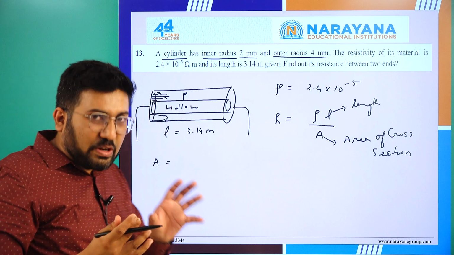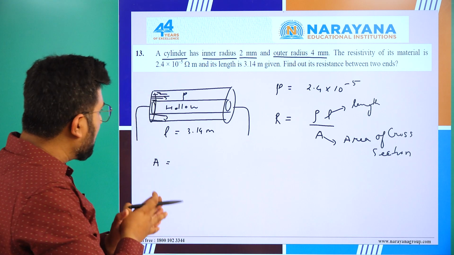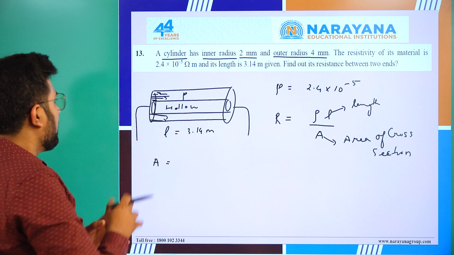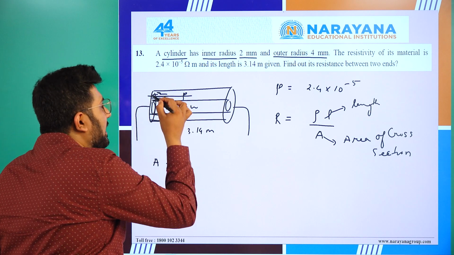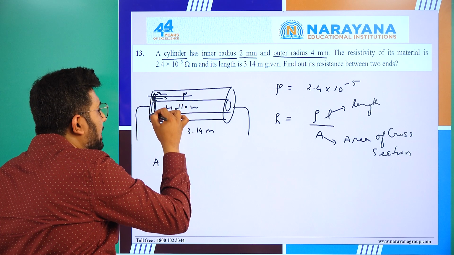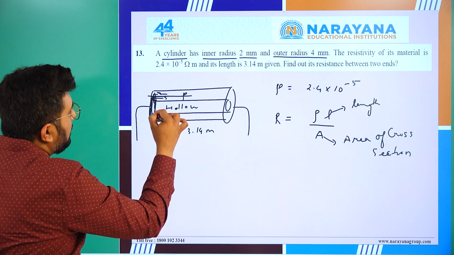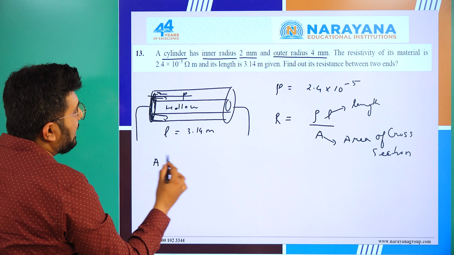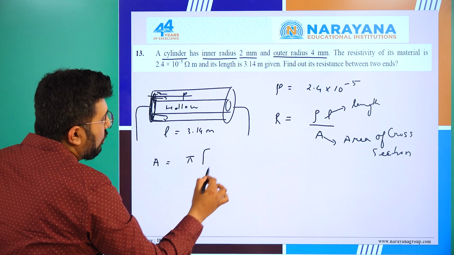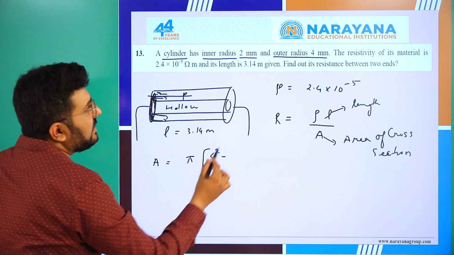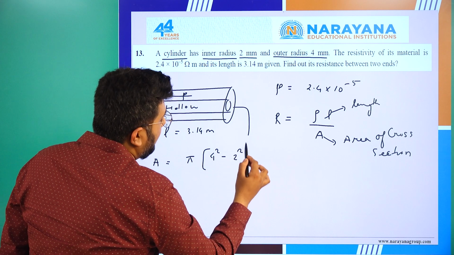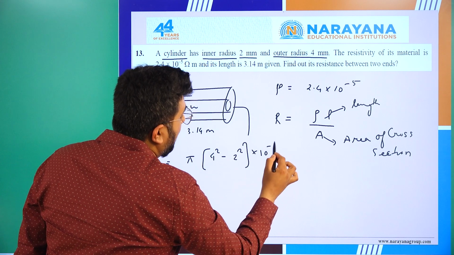So area of cross section means the area which is perpendicular to the flow of charge. So the charge is flowing this way. So basically I need this area. So what is this area? Area is pi into 4 square minus 2 square into 10 raised to the power minus 6.